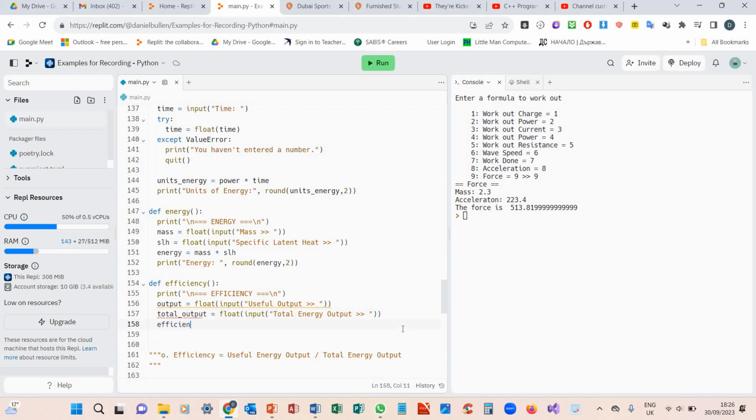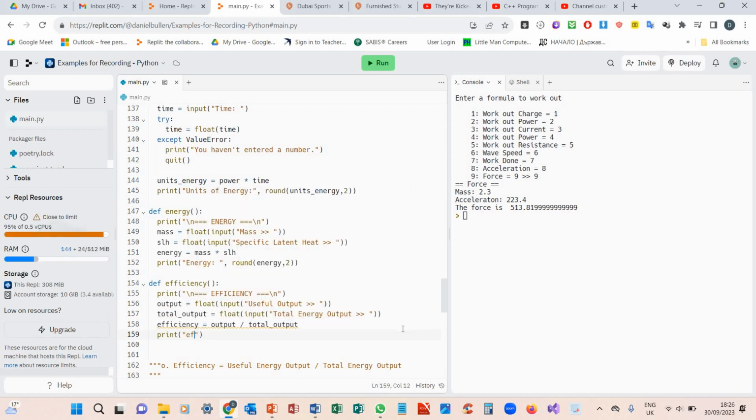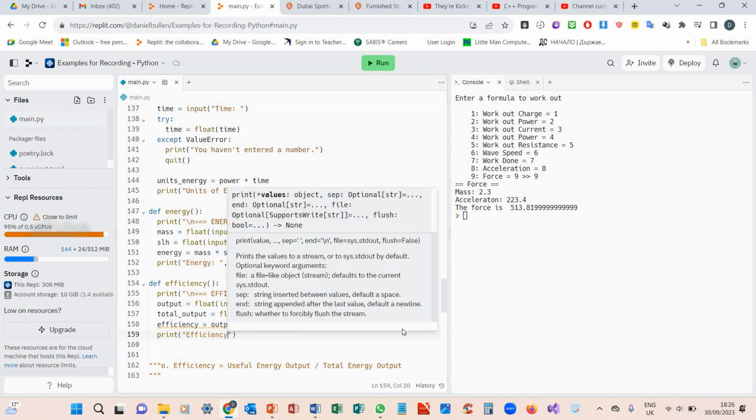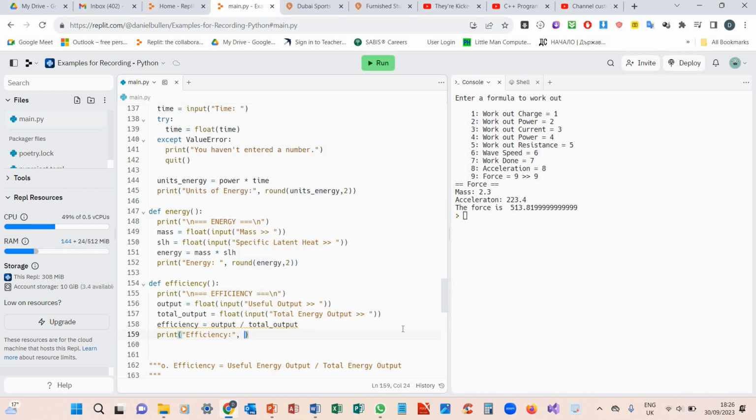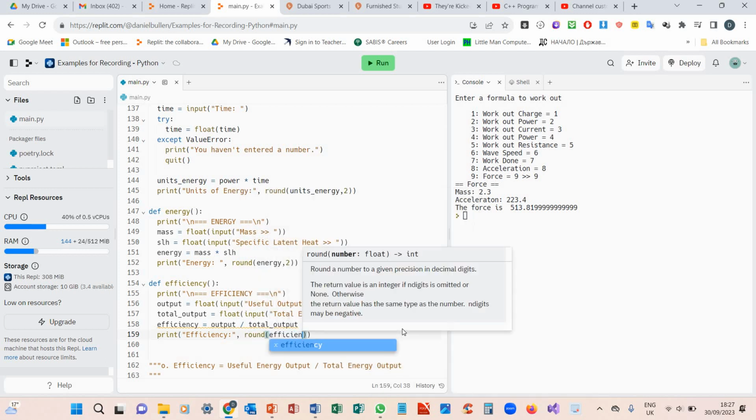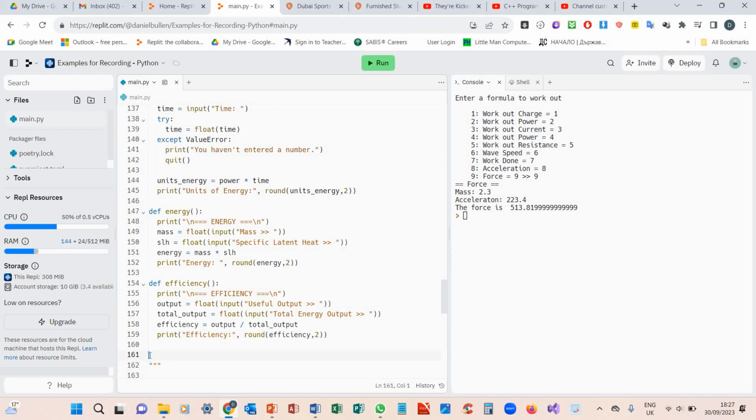So we got efficiency equals output divided by total output. Then we're going to print efficiency 2. Boom, boom, boom, boom.